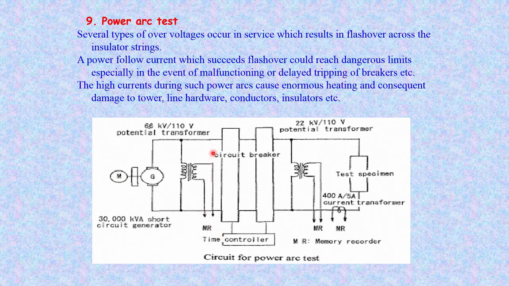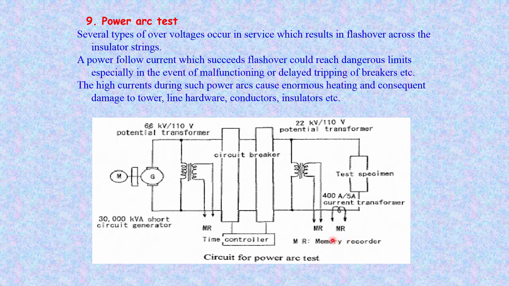So, you have a proper arrangement of a potential transformer to the required level to be set. You have a circuit breaker, then a 22 kV potential transformer, a test specimen which has been connected, and a current transformer for measurement and recording devices and so on.